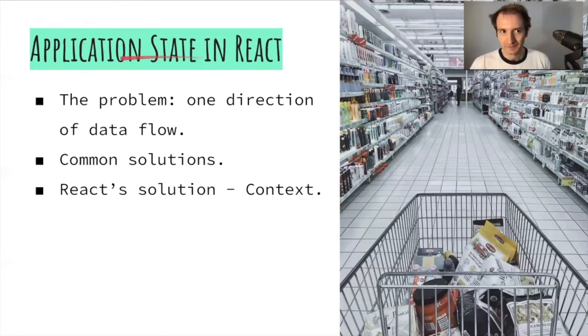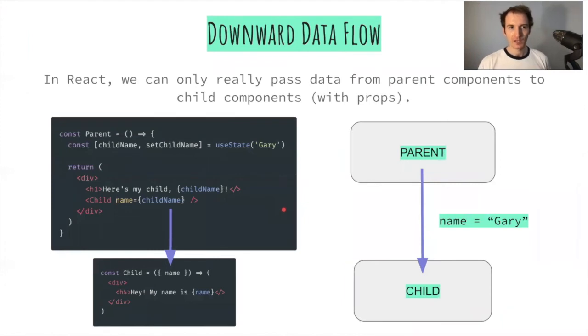In React, we can make all of our components like this and pass state between props, but this quite quickly becomes difficult in large applications. So I'm going to talk about this concept of app level state, talk about why we need it, and I'll introduce you to something called the React Context API, which is a really nice way of solving this problem.